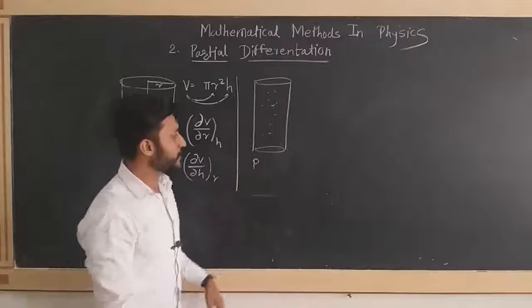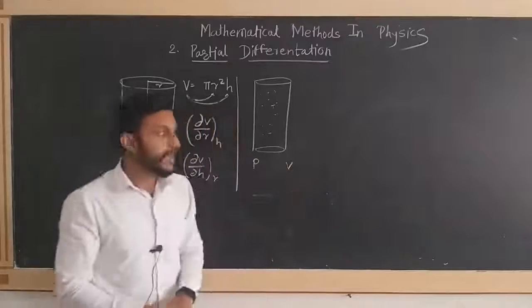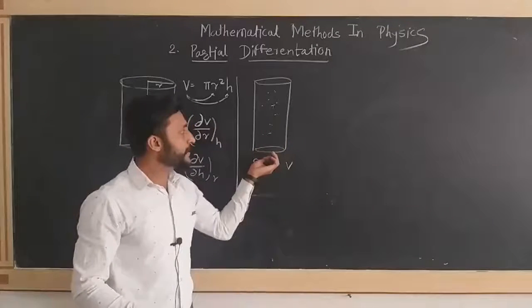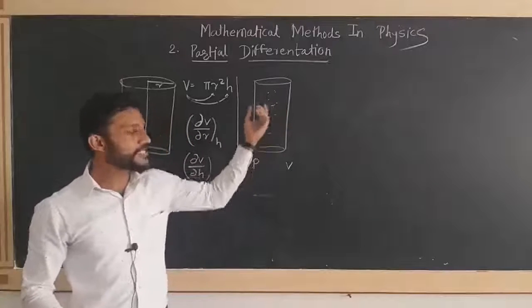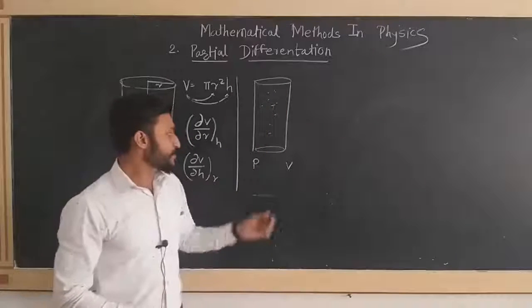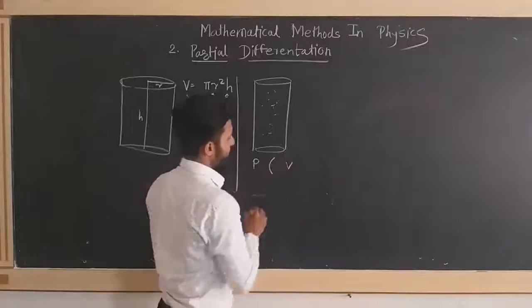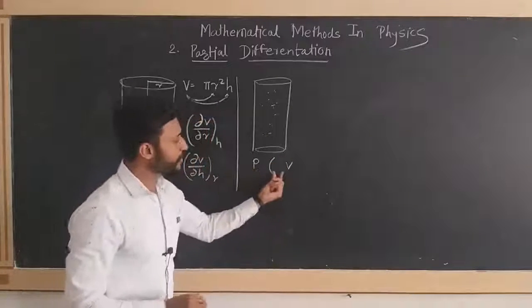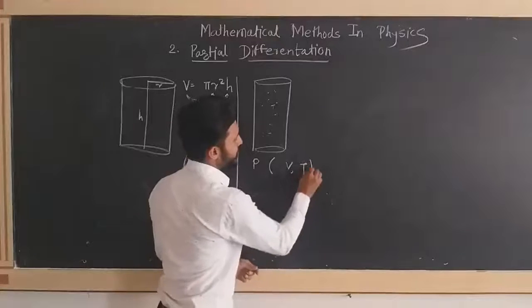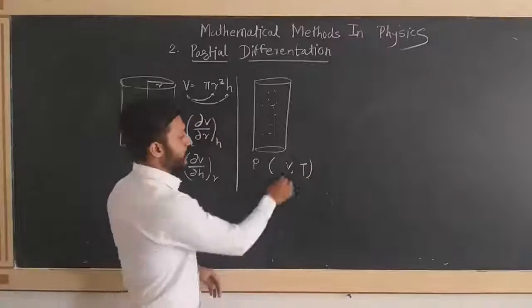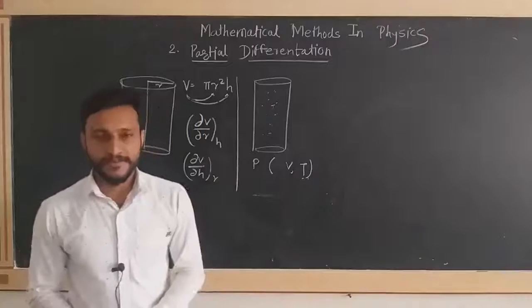So pressure depends on volume, and if we keep volume constant and increase the temperature of the system, pressure also increases. So we can write pressure is a function of volume and temperature. So partial differentiation we use here by keeping one variable constant.